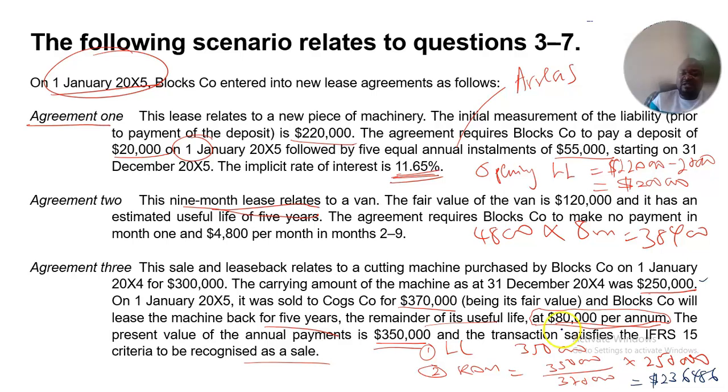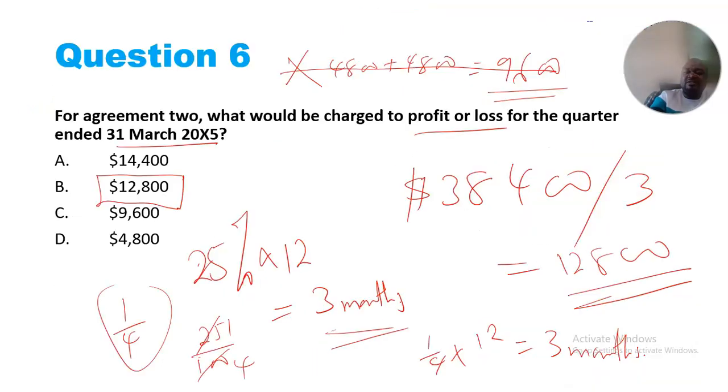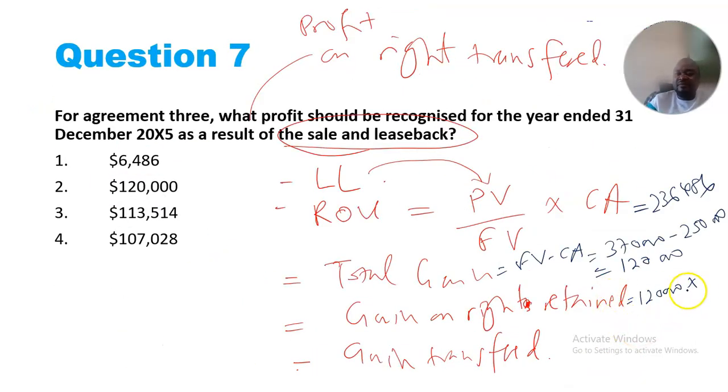The examiner told us that the present value of annual lease payments is 350. So that's 350 over the fair value, which is the same as this one, 370. So 350 over 370 multiplied by 120.